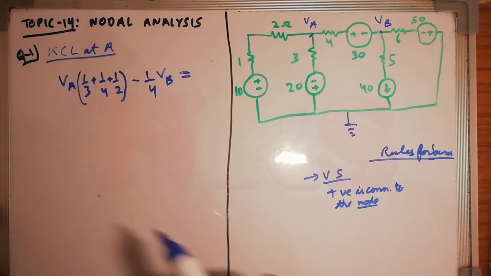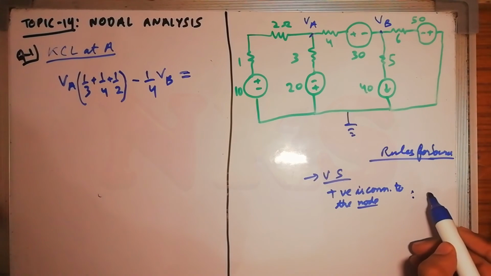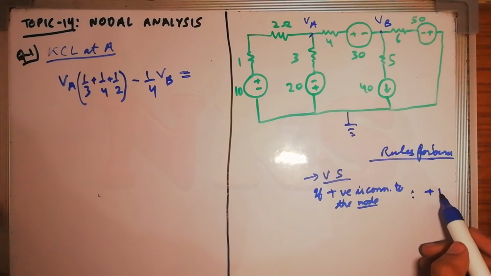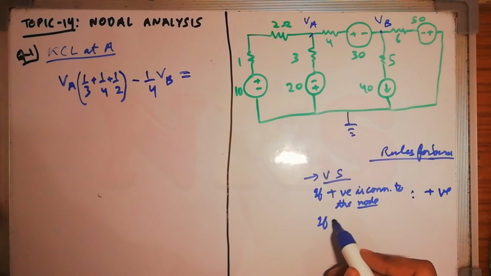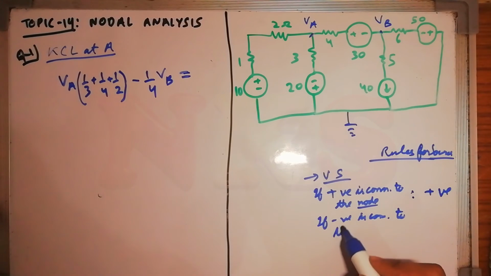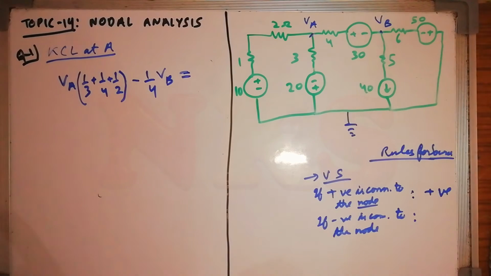So now we are writing the KCL at node A, if positive is connected to the node, then it is taken as positive. If negative is connected to the node, which node? The node at which we are writing KCL. So if negative is connected, then it is taken as negative.